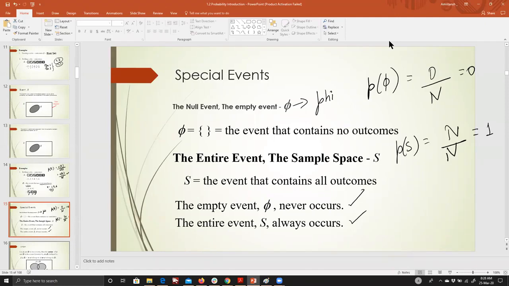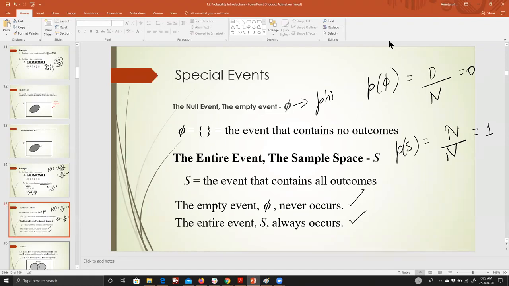Desired outcomes over total number of outcomes, where the total number is represented by capital N. Desired outcome has no outcome, so 0 divided by capital N will lead you to 0. Very good.